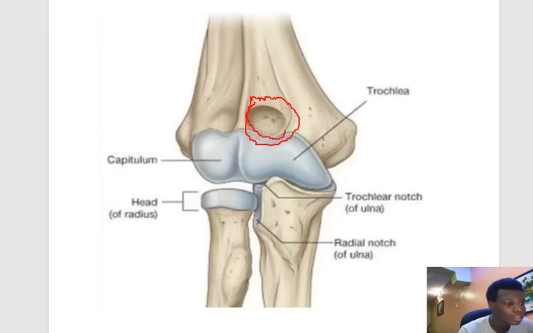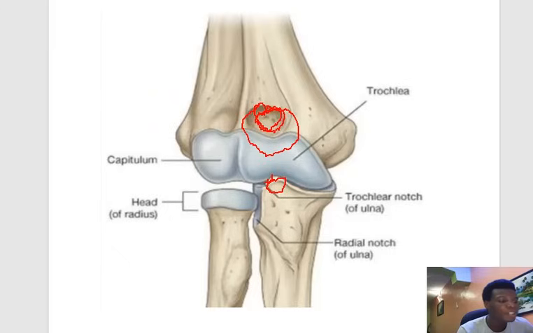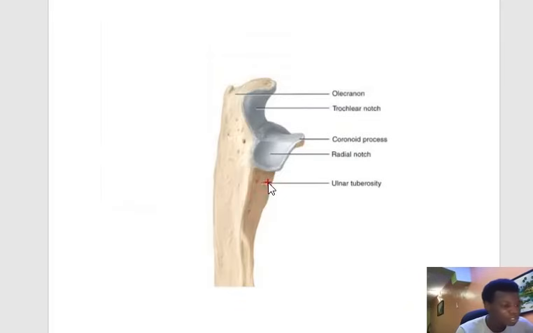Very fast too, I want to draw your attention to this groove on top of the trochlea. That groove right there is called coronoid fossa. Okay, the coronoid fossa is very important. As a matter of fact, the coronoid process of the ulna inserts into the coronoid fossa during flexion. Let me show you the coronoid process of the ulna.